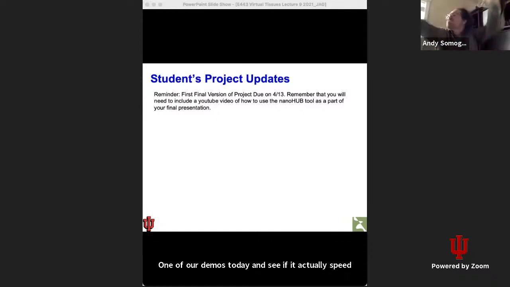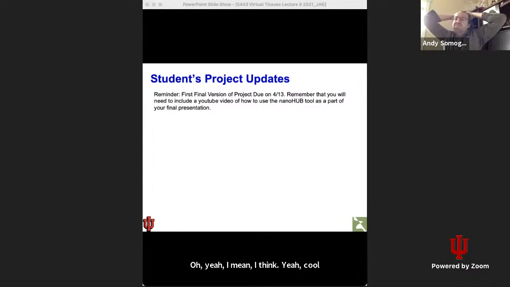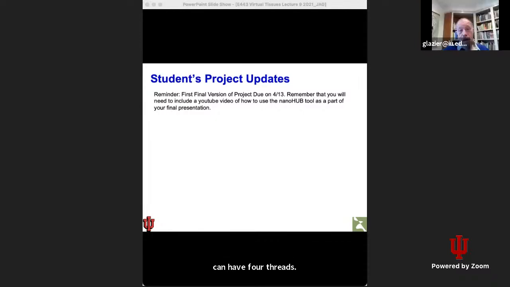Yeah, I think Paul yesterday said that each application can have 4 threads. We could just try it when we do our first demo.